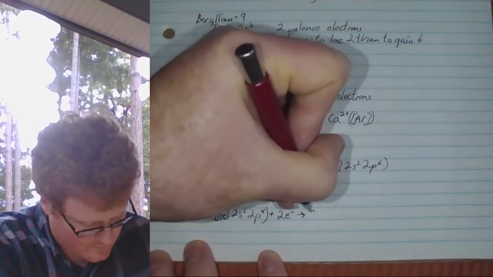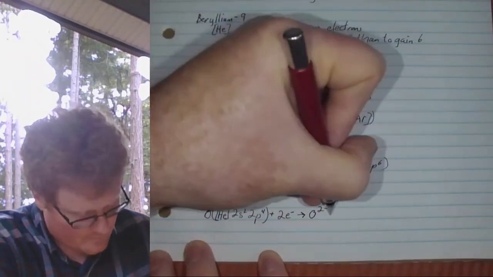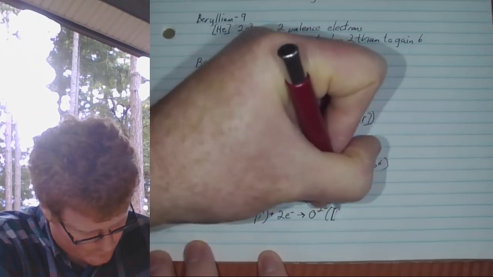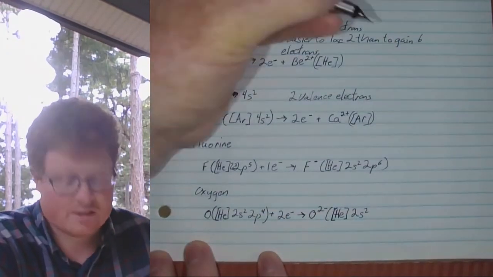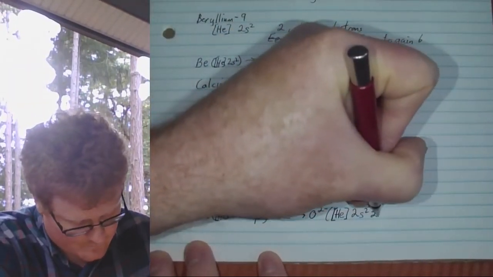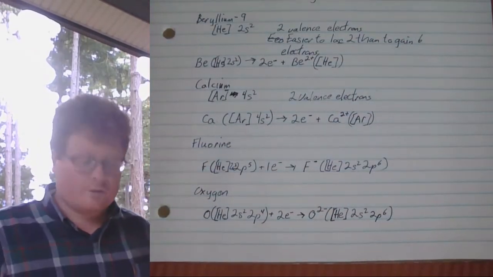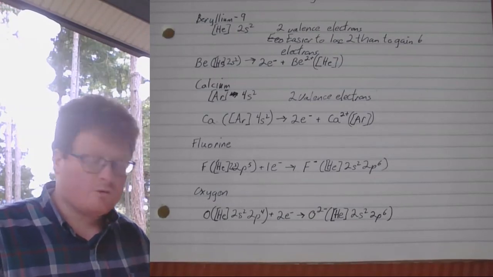Oxygen becomes O2 minus with a helium, 2s2, 2p6 configuration. Those are a few examples.